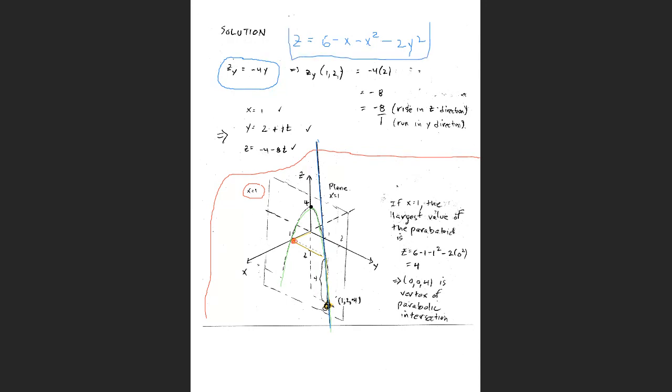Now, I could have taken the partial derivative of z with respect to x or y, but I chose to do the partial derivative of z with respect to y. That means I'm holding x constant, and I'm trying to find how the surface changes. What is the rate of change of the surface with respect to y?